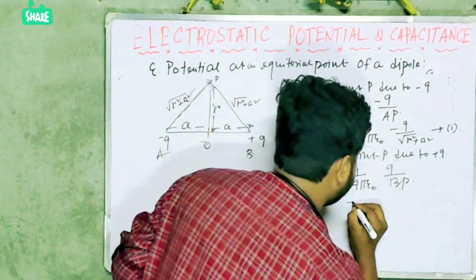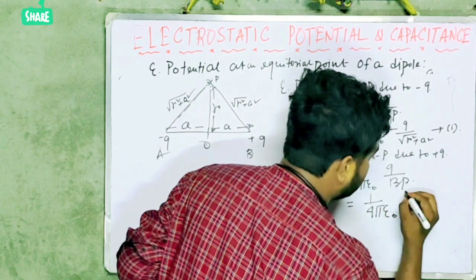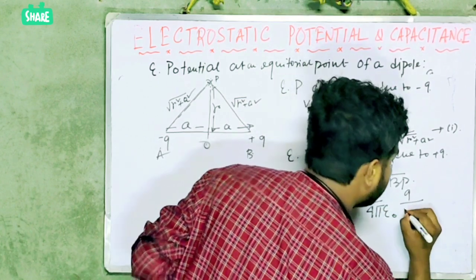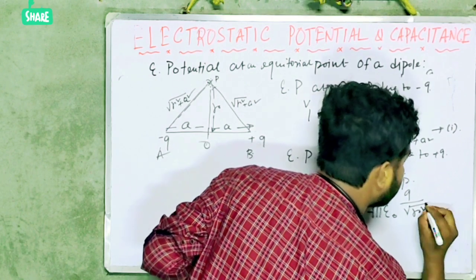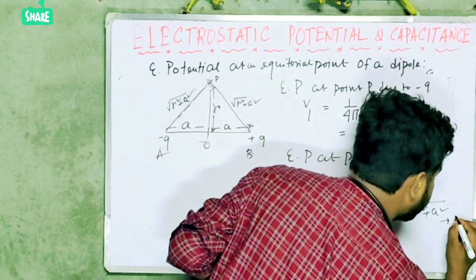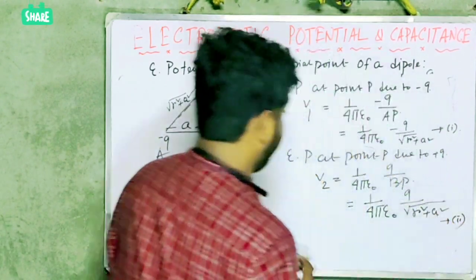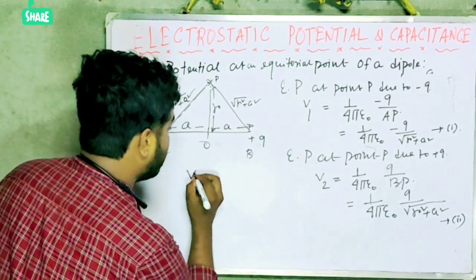Now putting the value of BP, this one will be 1 by 4 pi epsilon naught Q divided by root under R square plus A square. This is equation 2.